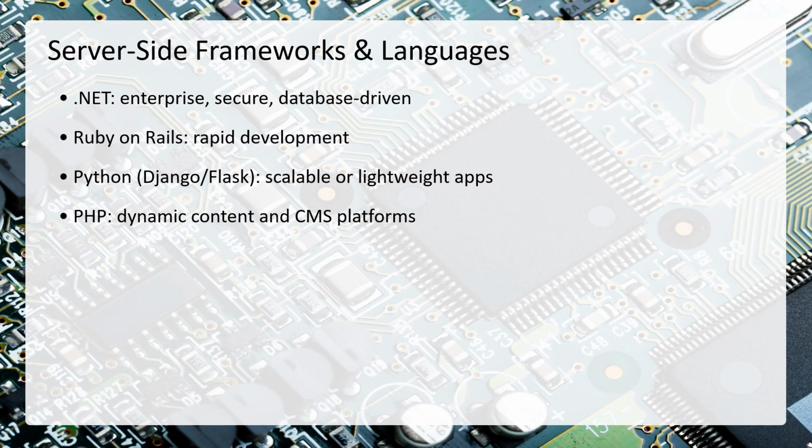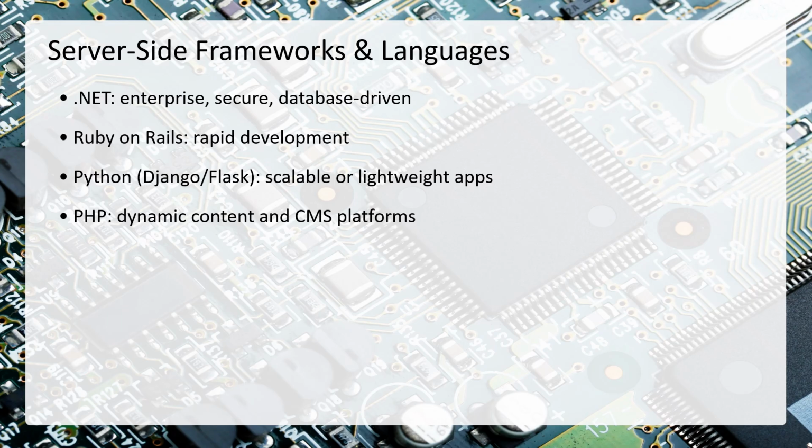And .NET is a Microsoft product, and it provides built-in support for security, database integration, and it also helps with scalability. So, I mean, a company might use it for an HRIS, a human resource information system, or even something like OLTP, online transaction processing.